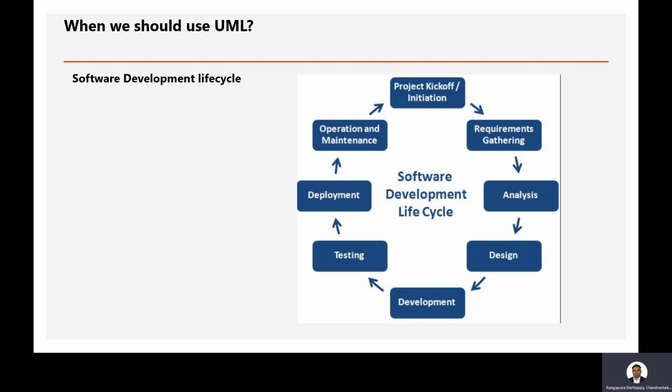So this is the salesman or a technical consultant or analyst who goes and talks. Here we can use some of the UML diagrams, called use case diagrams, which we will talk about. Also, in the analysis phase, when we are analyzing the data or the prerequisites, we do some sort of UML diagrams. And during the design phase, development phase, testing phase, deployment phase, and operational maintenance phase, we use different UML diagrams.